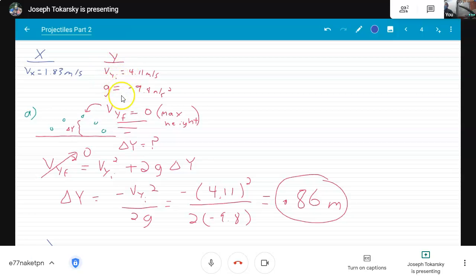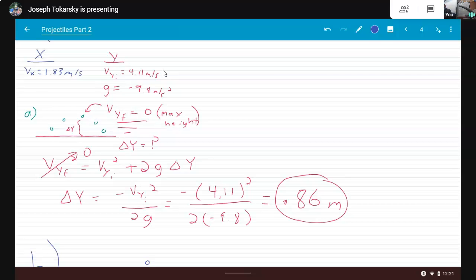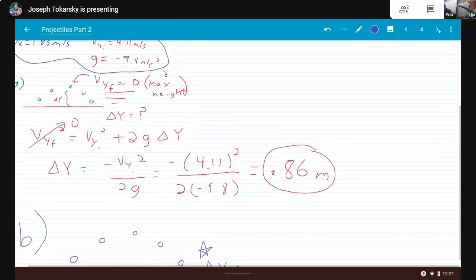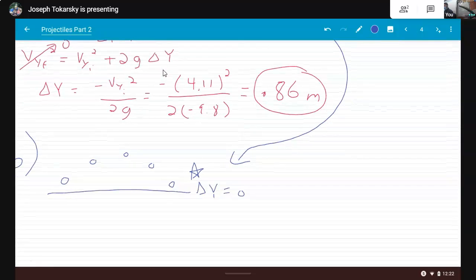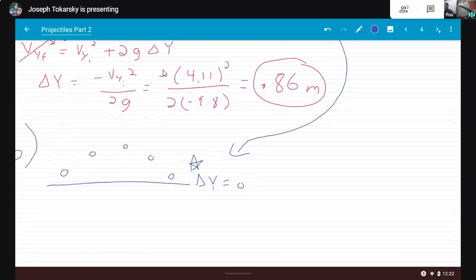This is all true and good, right? But we're going to use the fact that delta y equals 0 now. So if we use this information here, that is still good because that's still all true from the beginning initially, and use it with this, we could find delta y. We only still need the y stuff. We don't even need the x stuff, right? Only the y stuff.